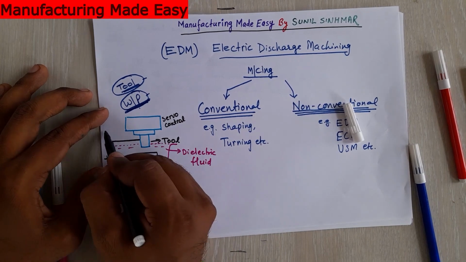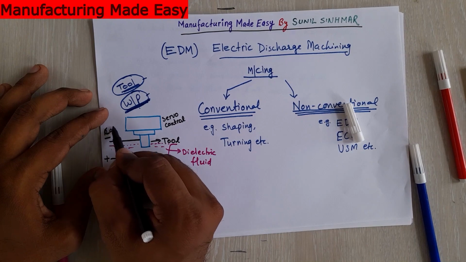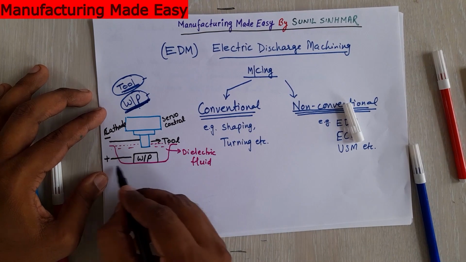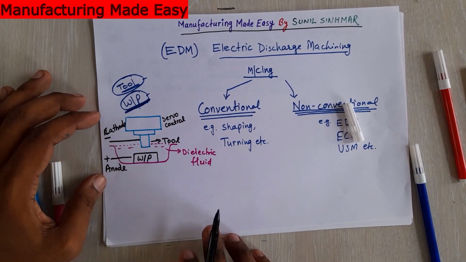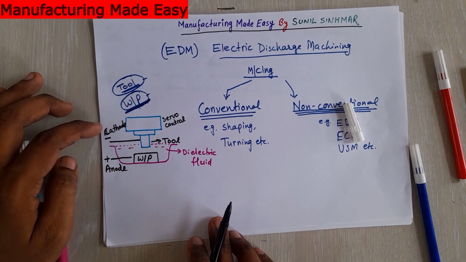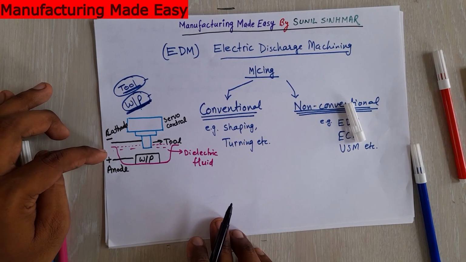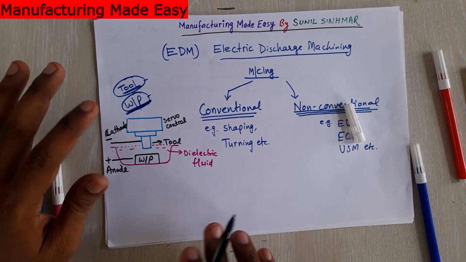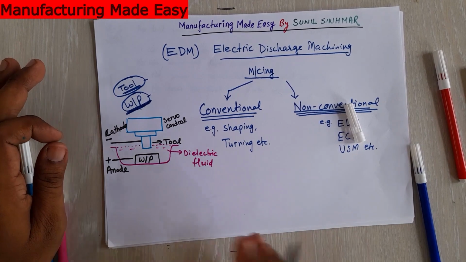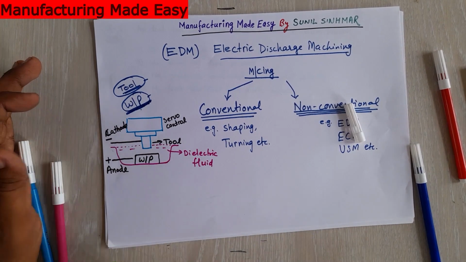So the tool is called the cathode, connected to the negative terminal, and the workpiece is called the anode, connected to the positive terminal. Now I will explain the working, and why we kept the tool as cathode and the workpiece as anode. I will explain all these things.